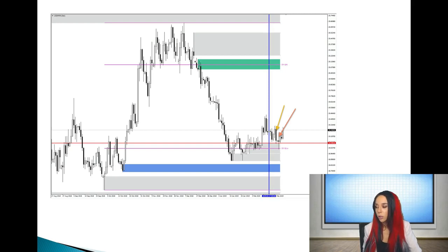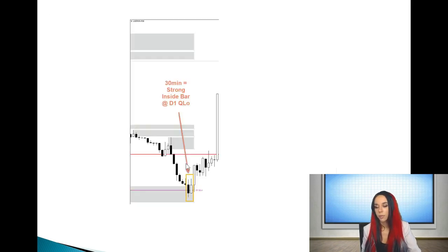So if you knew where to look, you could have used a weekly conterminous line with a daily Q point test to position yourself. When this happened, depending on the time frame for your entries, there were actually several candlestick patterns across 3 different time frames that clearly signaled the move has started. So what was happening on lower time frames? On the 30-minute chart, there was a strong inside bar at the right time of day.